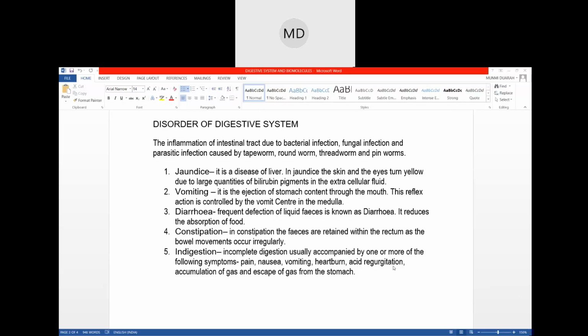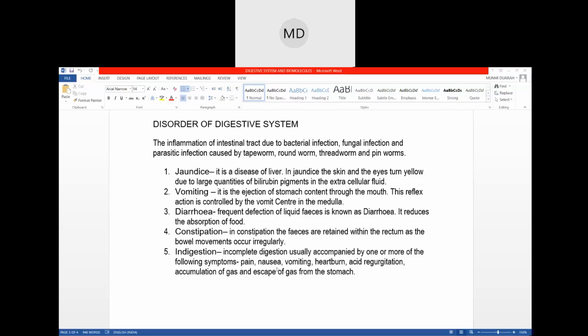That liquid comes out of the mouth, and the taste is very weird and uncomfortable. That is known as acid regurgitation. And then there is accumulation of gas in the abdomen, and escape of gas from the stomach. So these are the symptoms of indigestion.